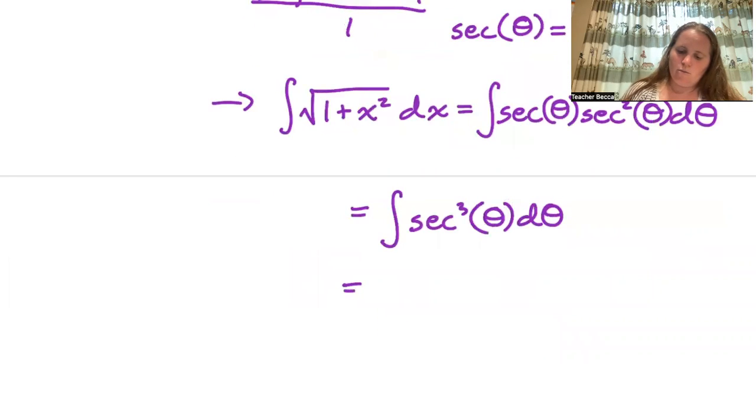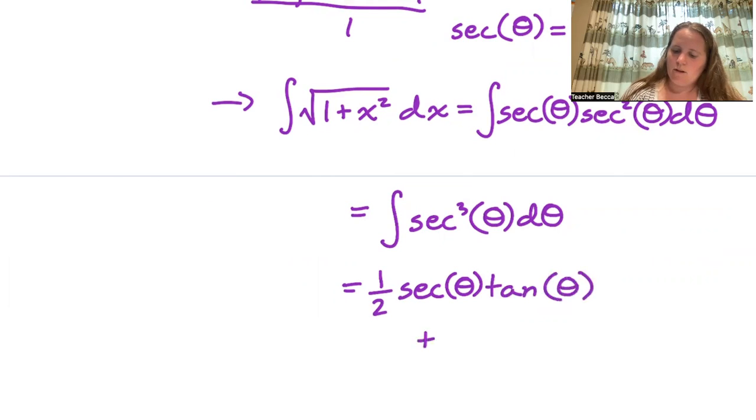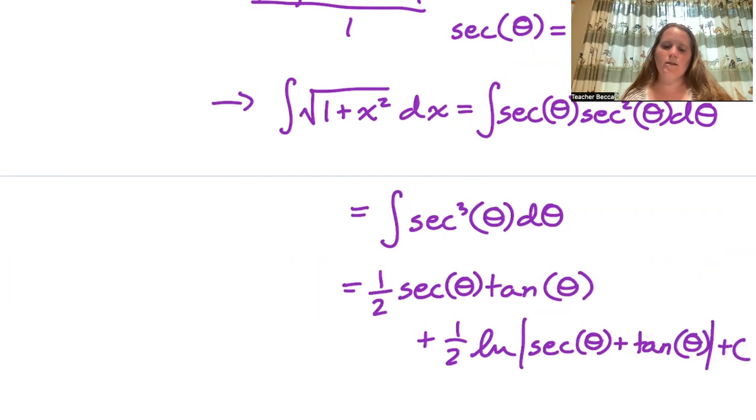Again, that is 1/2 secant theta tangent theta plus 1/2 times the natural log of the absolute value of secant theta plus tangent theta, and then plus c.